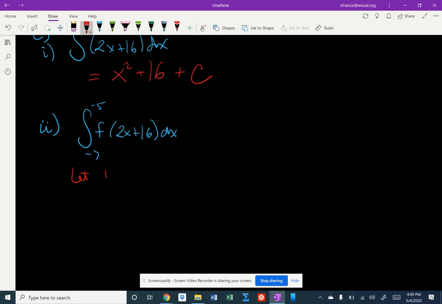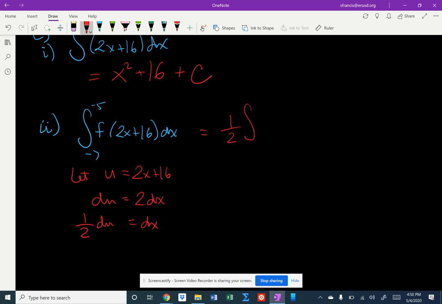So you're going to let u equal 2x plus 16, so that du is equal to 2 dx. And then you look and say, I don't have a factor of 2, so I'll solve for dx and get 1/2 du equal to dx. And so then I can start to rewrite this as, now you know me, I put the multiplier outside the integral because I like to, but you don't have to.